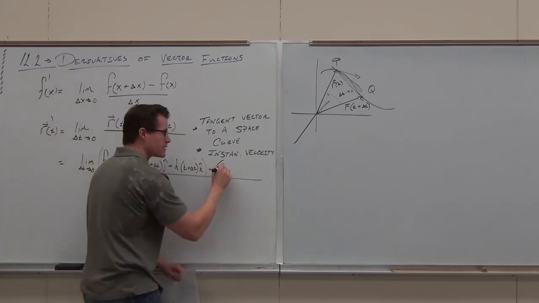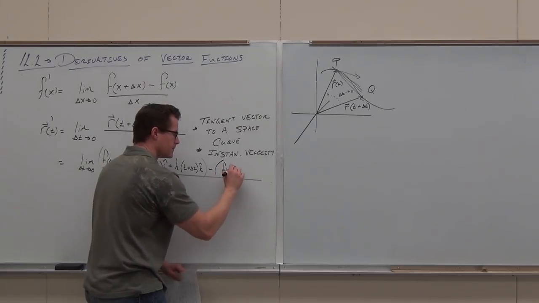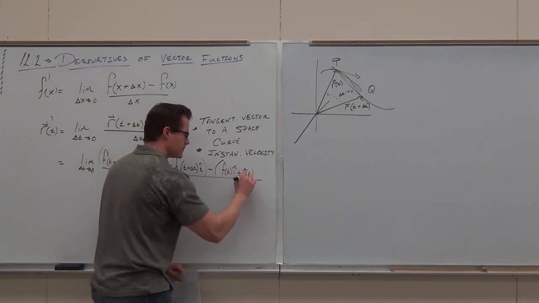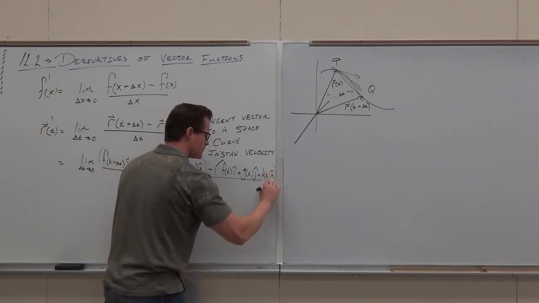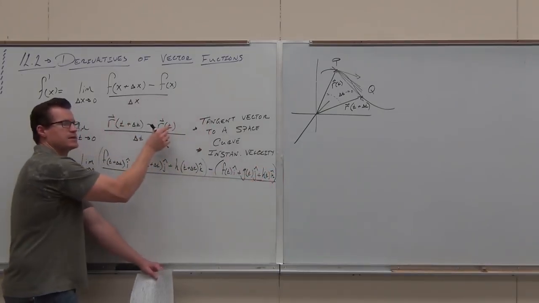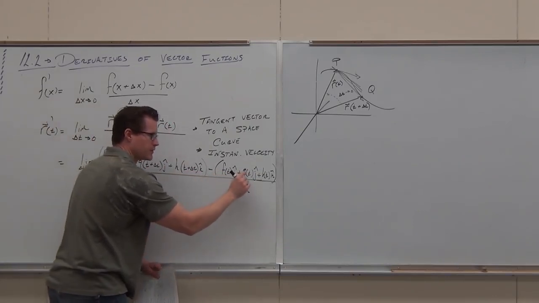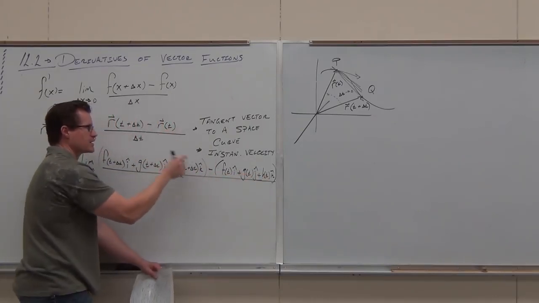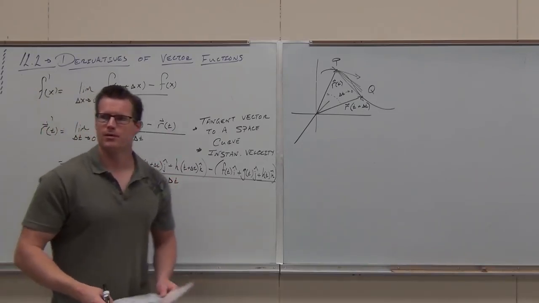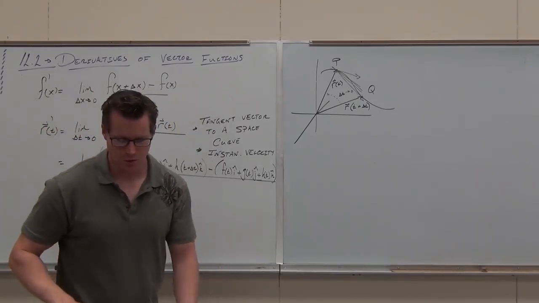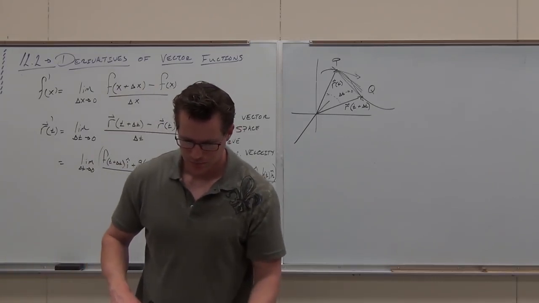But if I do this, this is this vector function, f, g, and h. There's only t's in here. There's t plus delta t in here. But here's the beautiful thing about it, and this is our whole punchline.